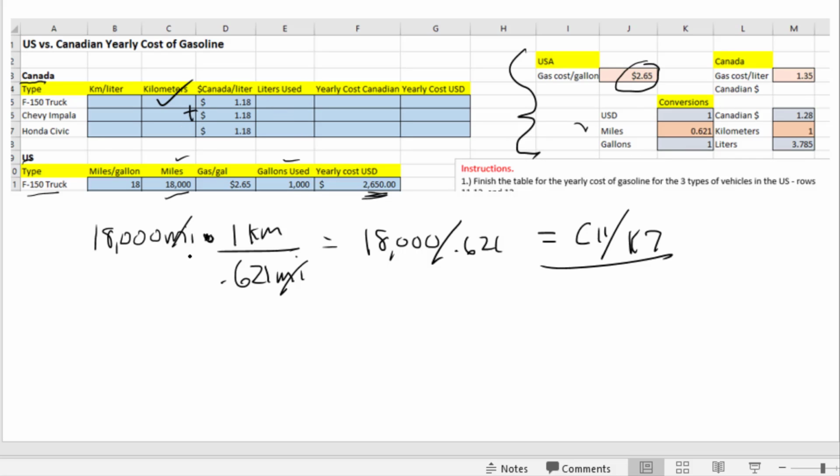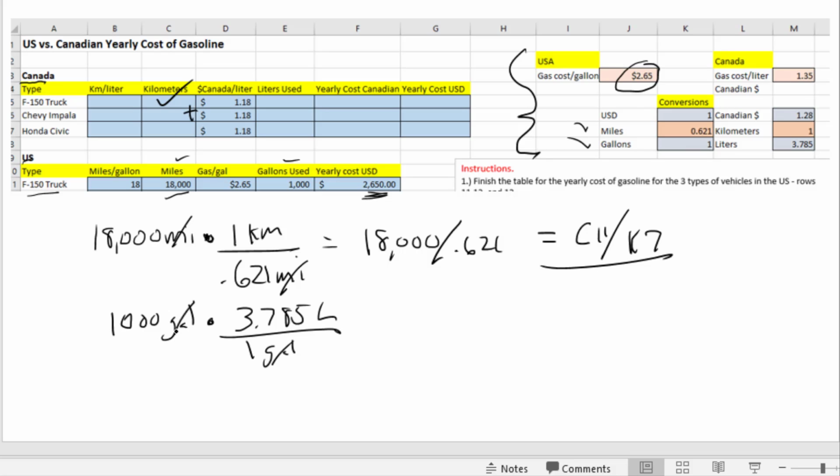Liters used: well, I used 1,000 gallons, so I'm going to take 1,000 gallons and convert it by multiplying it by 3.785 liters per 1 gallon.